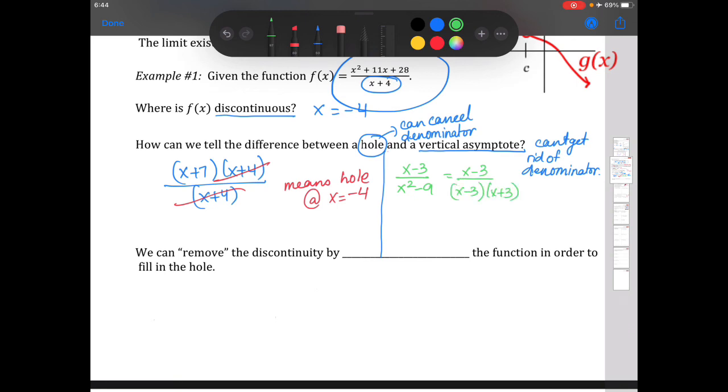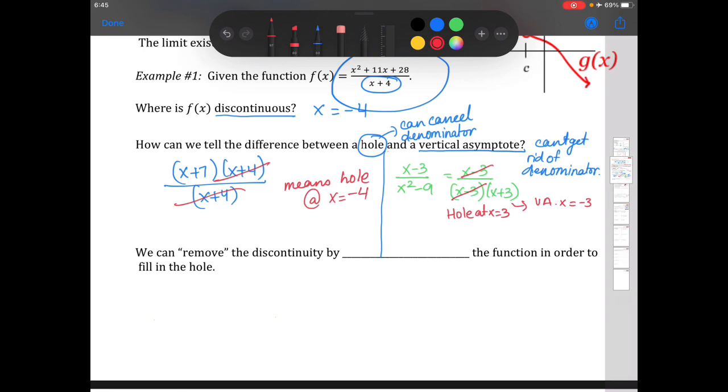Now your x minus 3's cancel out. So what does this mean? There's a hole at x equals 3, and a vertical asymptote at x equals -3. Why is it a vertical asymptote? Because I was not able to get rid of that denominator, but x minus 3, I was able to cancel out, so there is a hole.